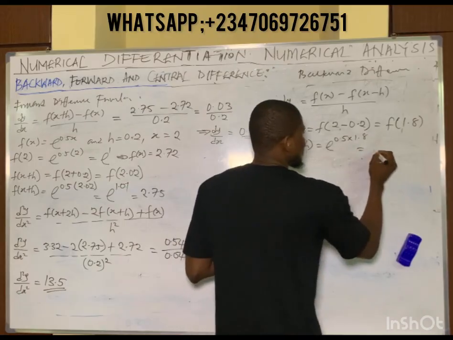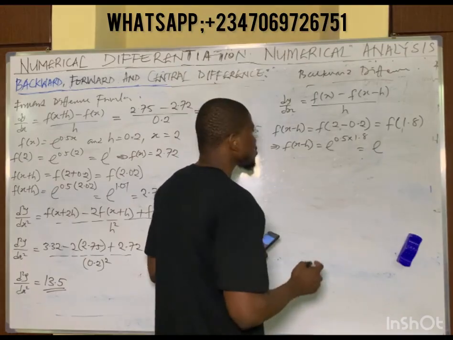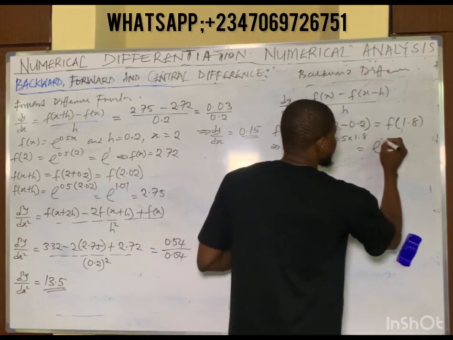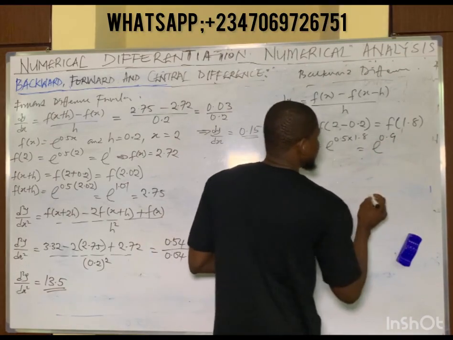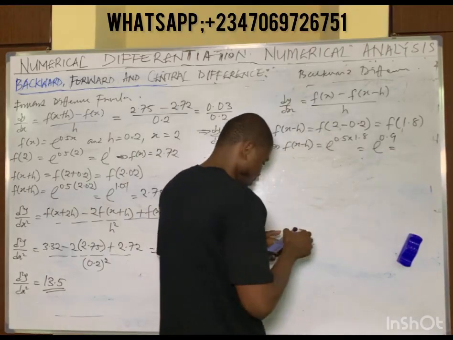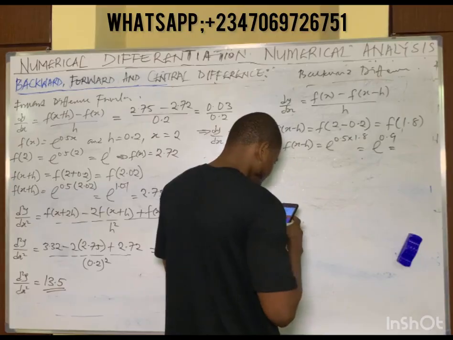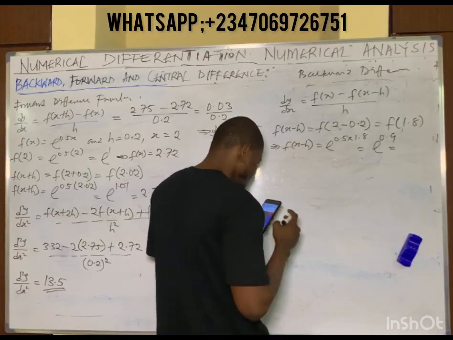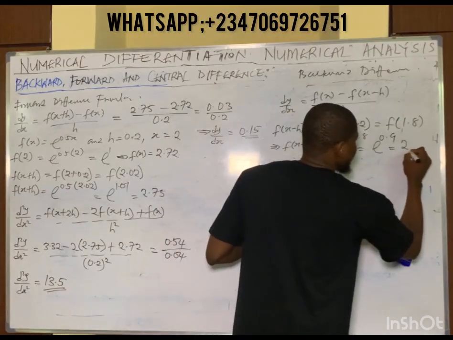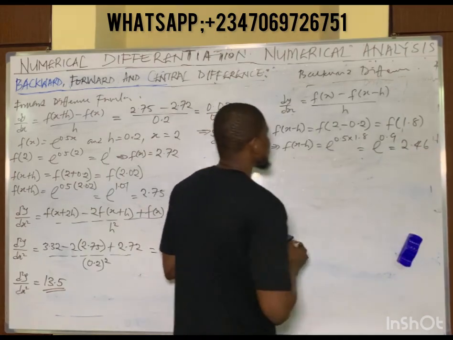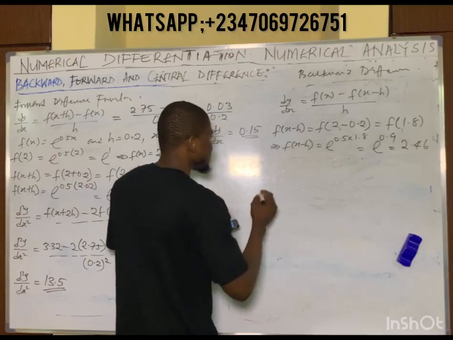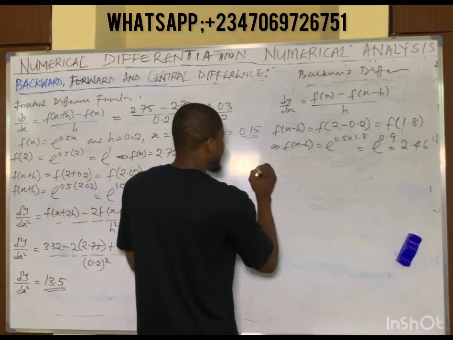And that's going to be equal to exponential 0.9. So we simply find exponential 0.9, and that gives us 2.46 approximately.